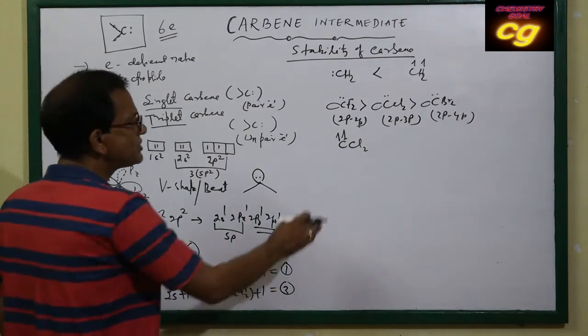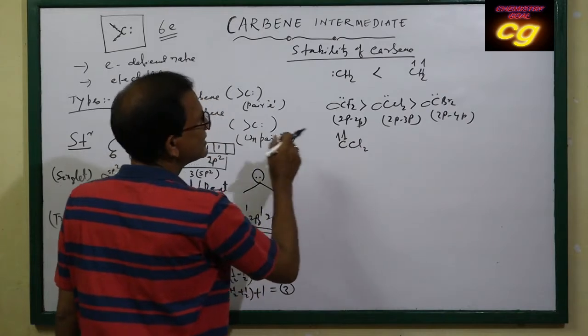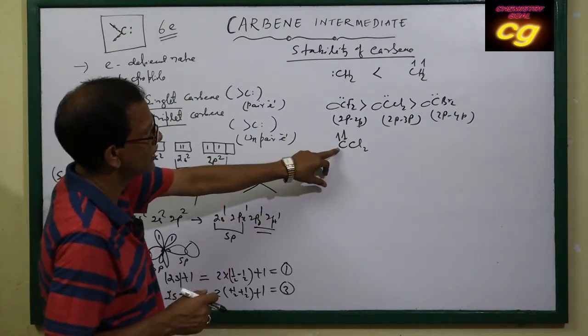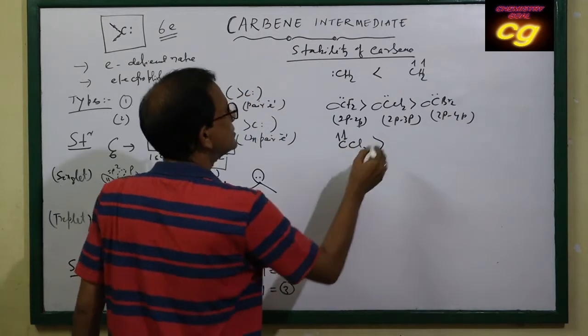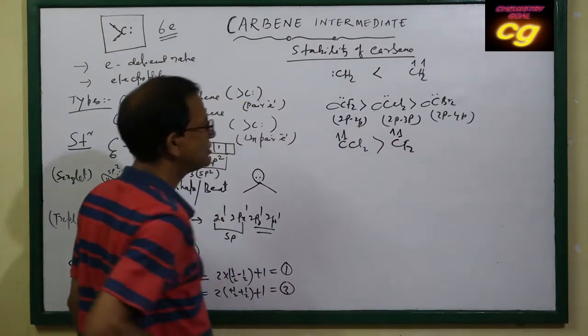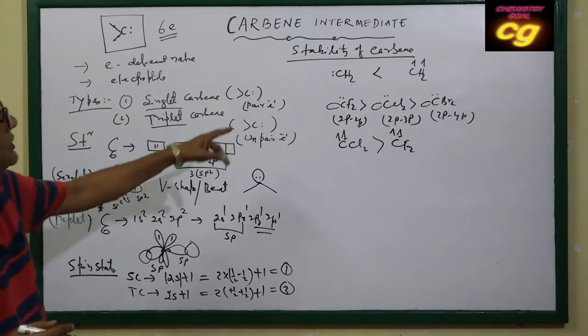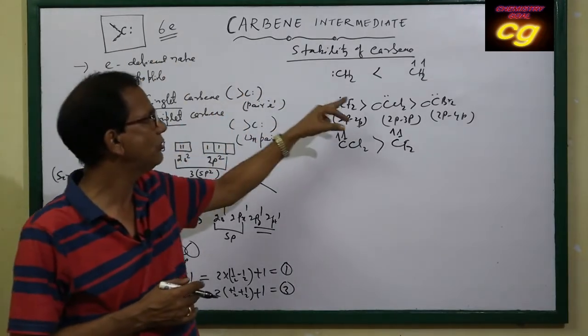That's why CCl2 in triplet carbene is more stable than CF2. So this is the stability of a carbene on the basis of its type, whether singlet carbene or triplet carbene.